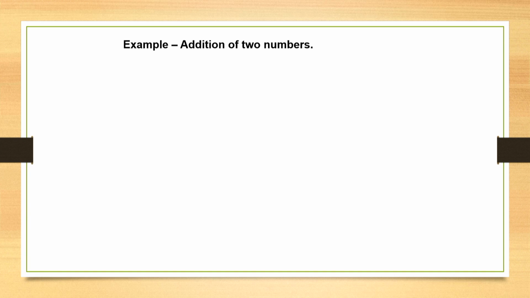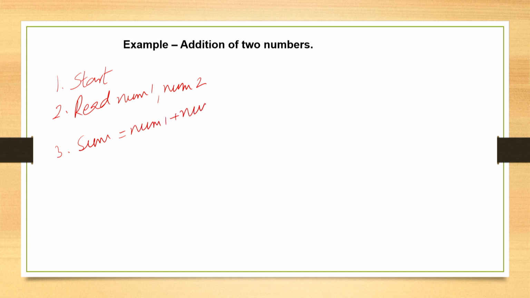We have already written an algorithm which was: first one is start, then read num1, num2, then sum is equals to num1 plus num2, and then print sum and finally stop.